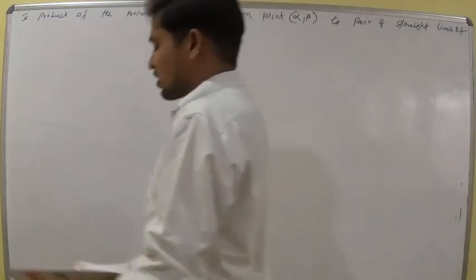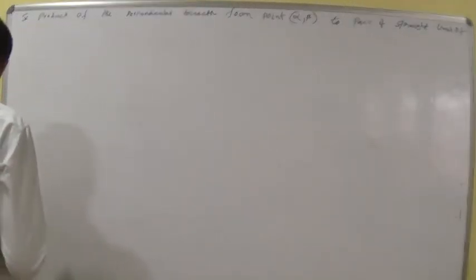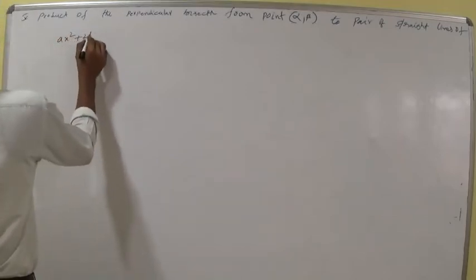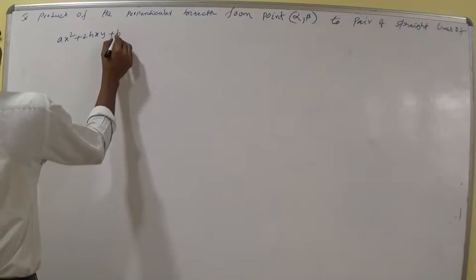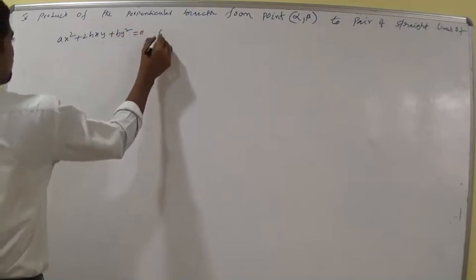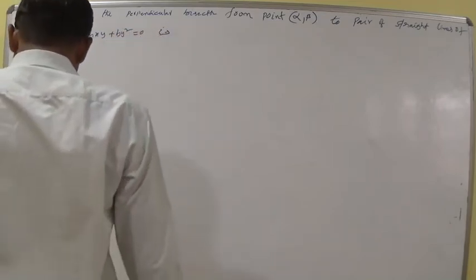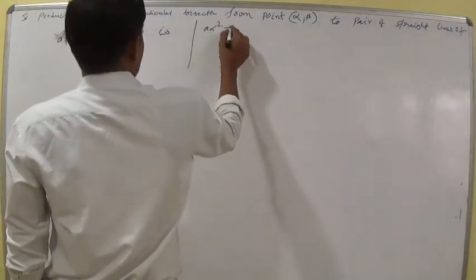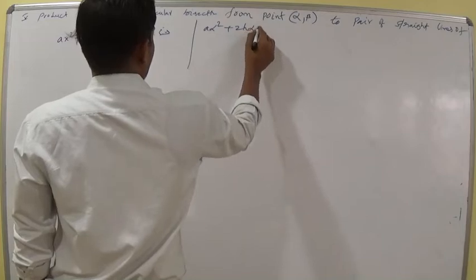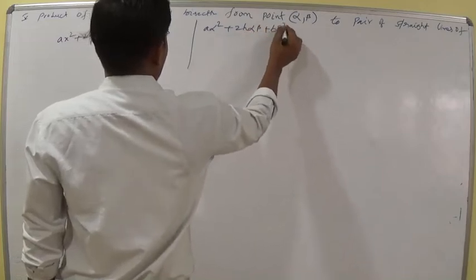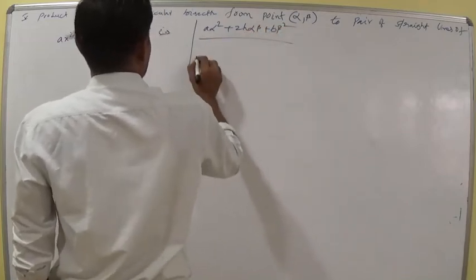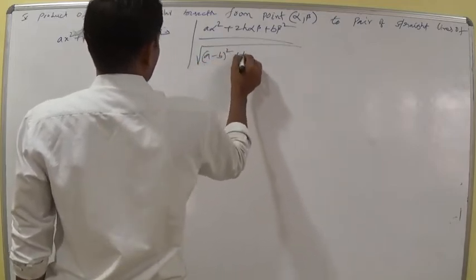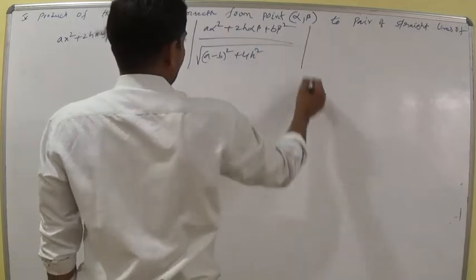The pair of straight lines ax square plus 2hxy plus by square equal to 0 is modulus of a alpha square plus 2h alpha beta plus b beta square by square root of a minus b whole square plus 4h square.